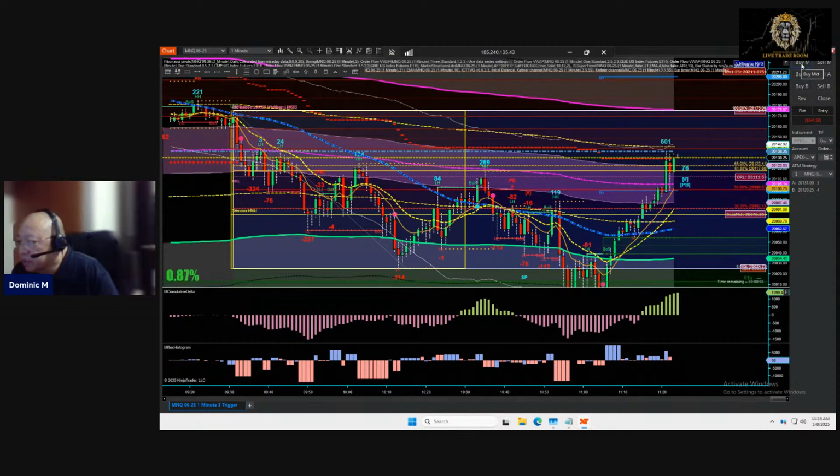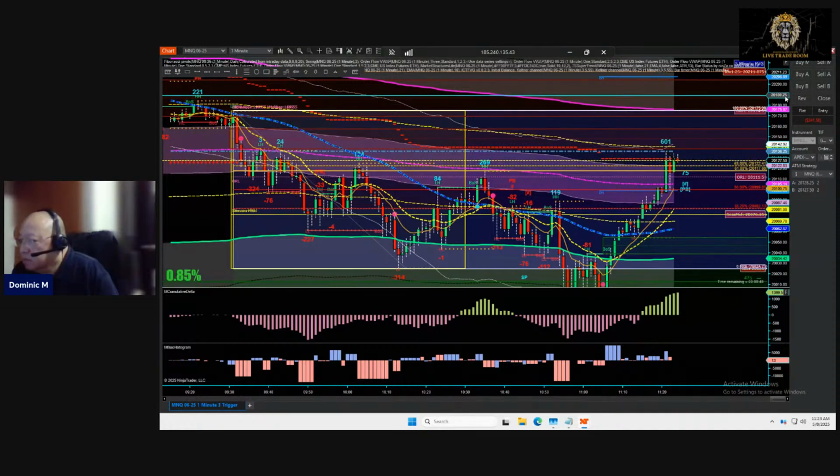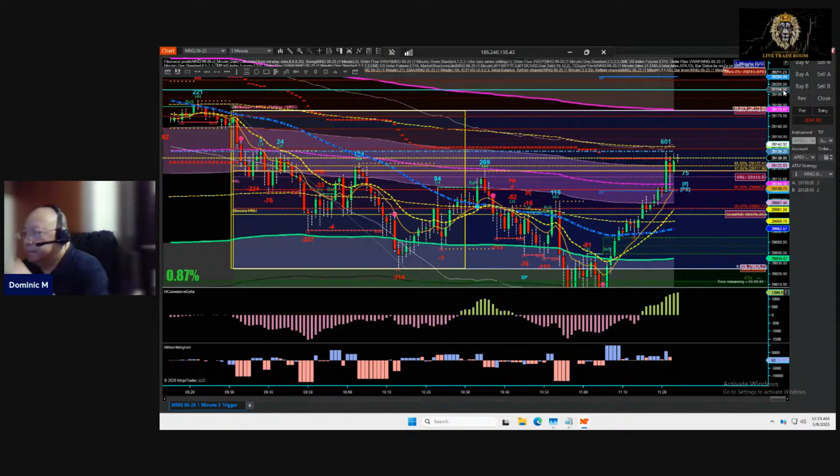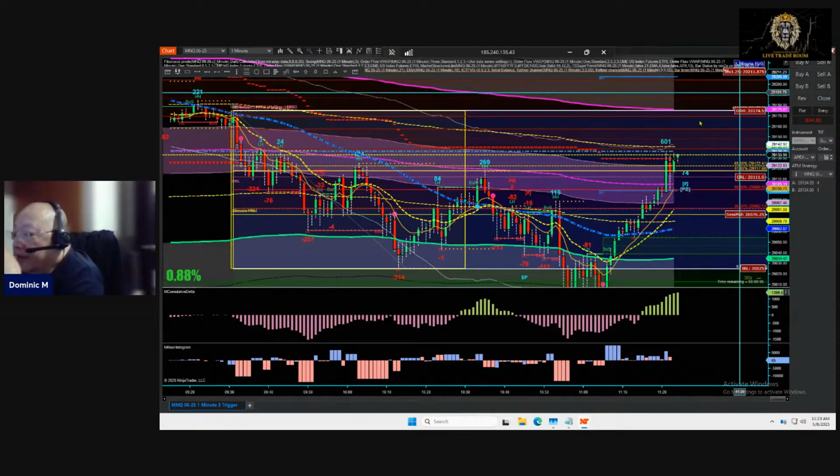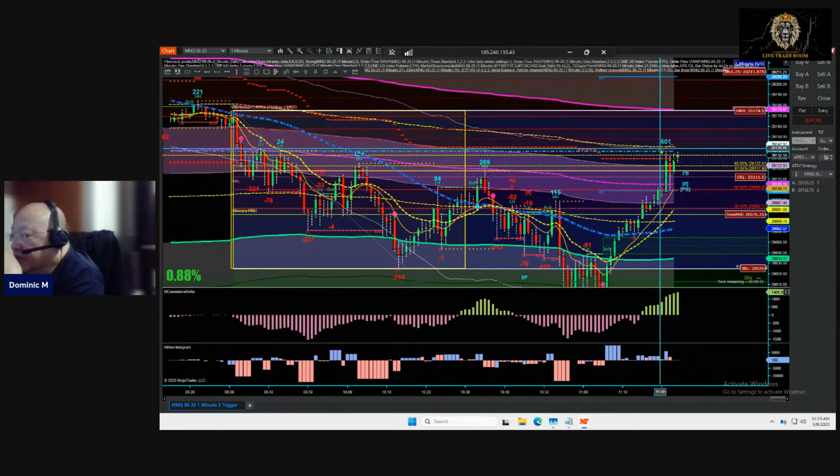I don't see a close above. This is the previous day high, I believe, or low. These high. To tell you the truth, I want to see them close above this +1 or plus 0.5 deviation. Again, that's strong resistance.